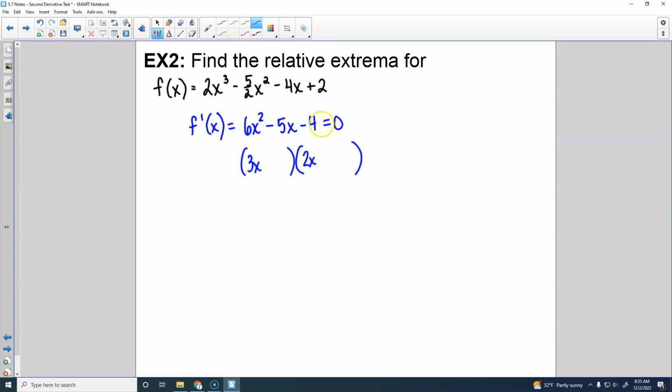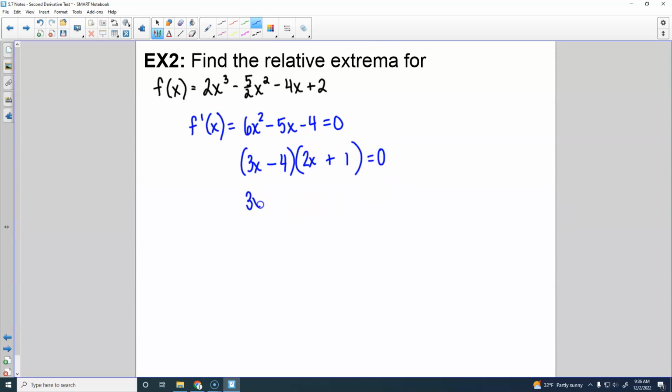And four and 1 right here, 4, negative 4, positive 1, does that work? That'll give you negative 8, positive 3, which is negative 5. Yeah.